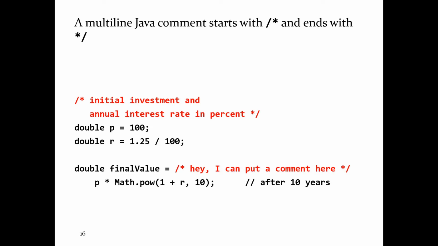The one place you can't put it is in the middle of a string. If you put it in the middle of a string, it just becomes part of the string. But you can insert it almost anywhere else. For example, here I can put it in between the assignment operator and the value on the right-hand side, and that works just fine. The compiler ignores everything that's part of the comment.